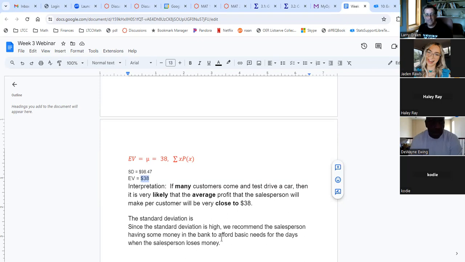So knowing the standard deviation helps understand what kind of money earnings this is going to be. Any questions at all on this example? Any questions?